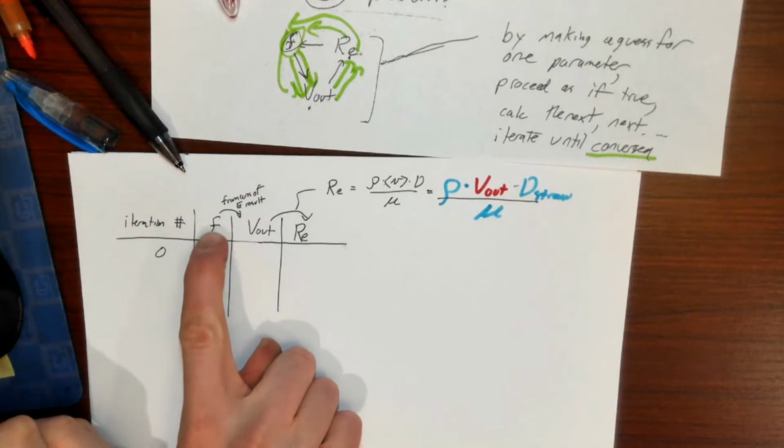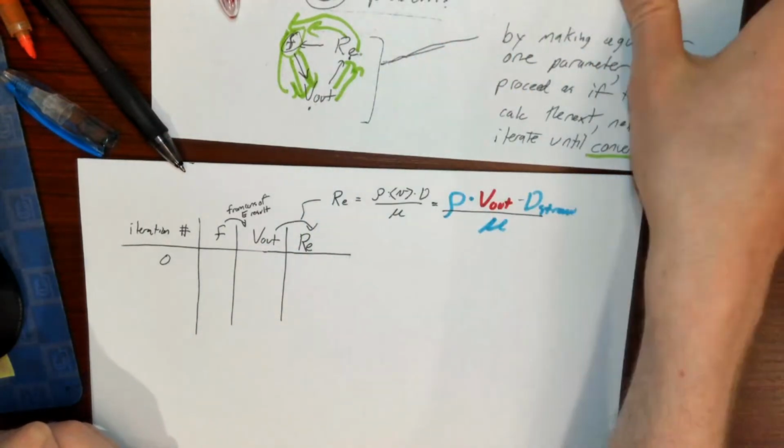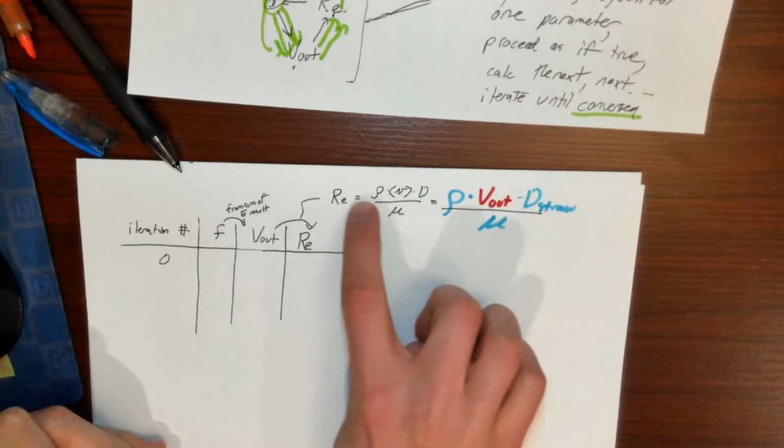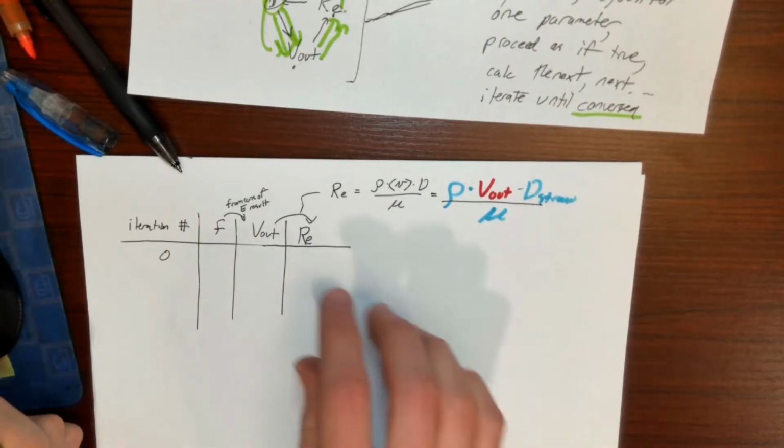So we can use f to calculate Vout via our conservation of energy. We can use Vout to calculate Reynolds number via the definition of Reynolds number.